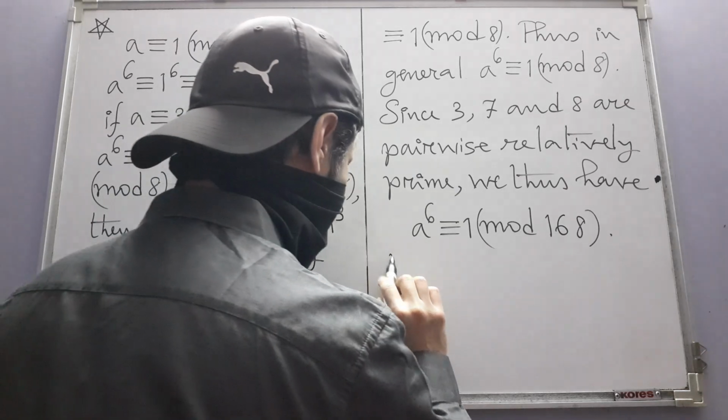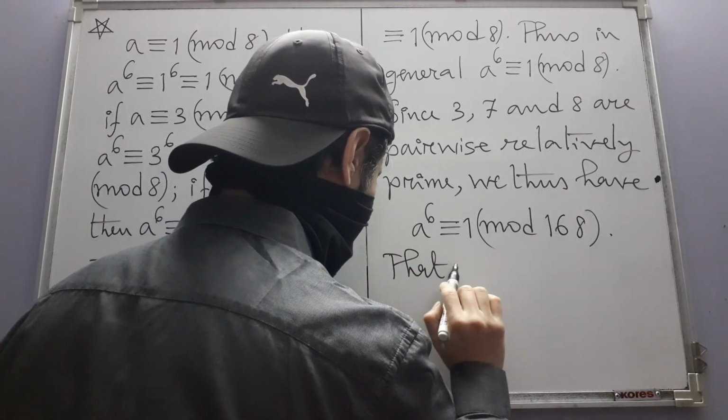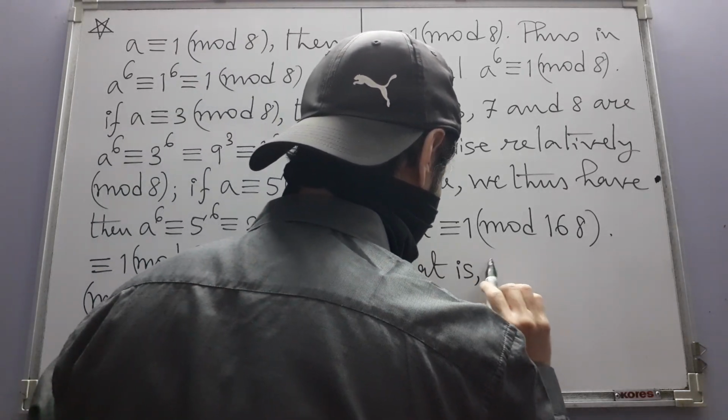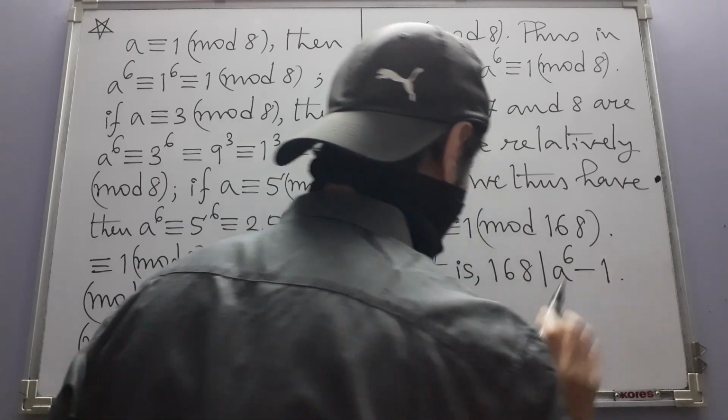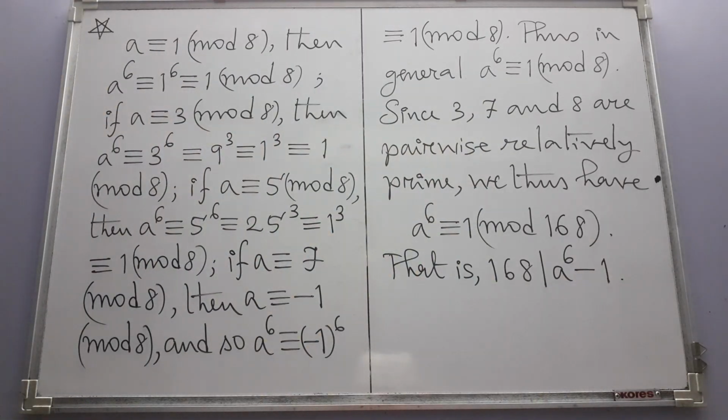That is, 168 divides A to the power 6 minus 1. This is what we wanted to show.